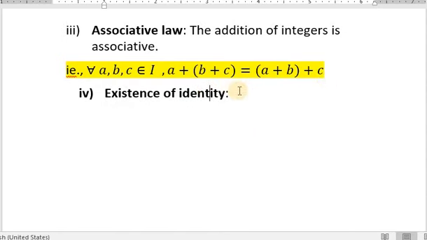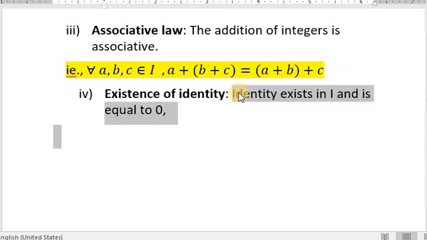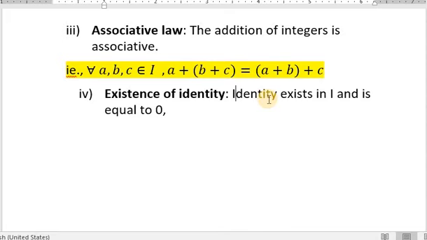Then existence of identity. See, with respect to addition, the identity element is 0, because if you add 0 to any element, the sum remains same. So 0 is present in I, therefore the identity property holds here.